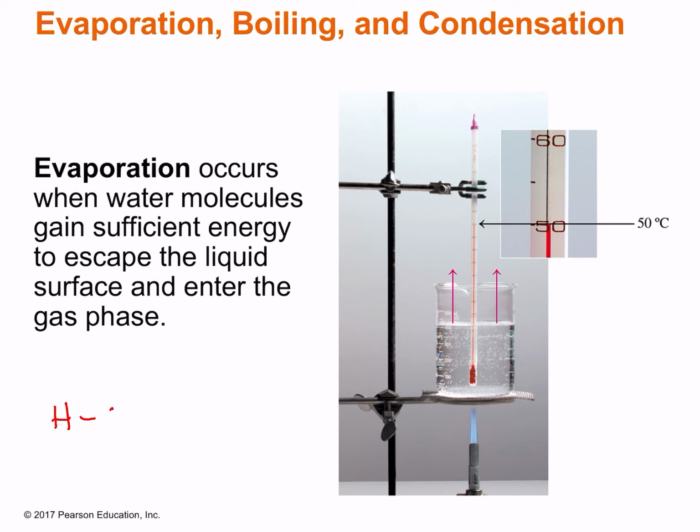Water molecules look like this. And water molecules fall into our FON category, right? It can have hydrogen bonding, and so there's this attraction here between the hydrogen and the oxygen that is a really, really strong attraction.